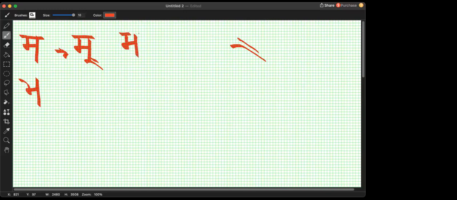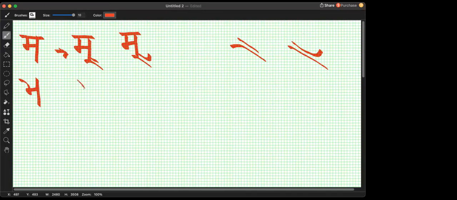And if I want to write shru, I'll write sh, r, and u matra. I'll gently lift it up. So when you're writing u, r will remain as it is. U matra will be like this. Towards the end, you will lift it up and leave it. So this is applicable for all the alphabets in Sharda.